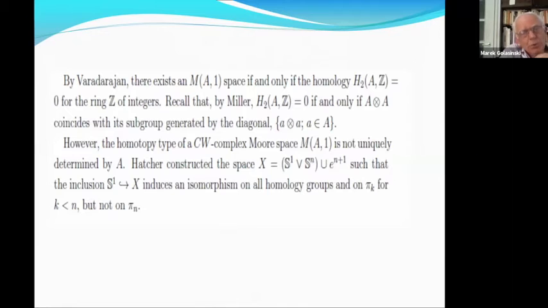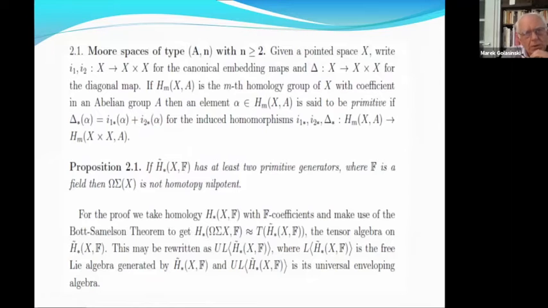Also, it is not unique, but if n is greater than 2, then we have uniqueness up to homotopy. Okay, so now we first concentrate on Moore spaces of type AN.